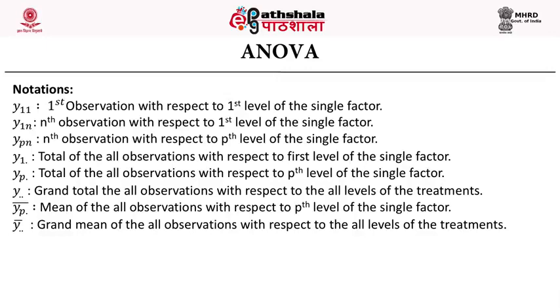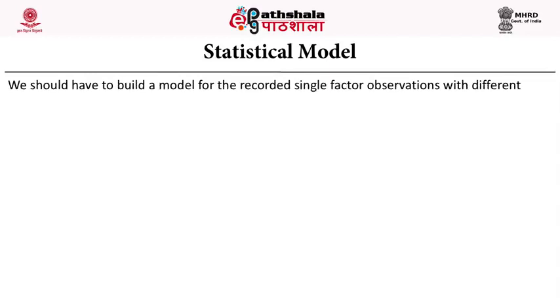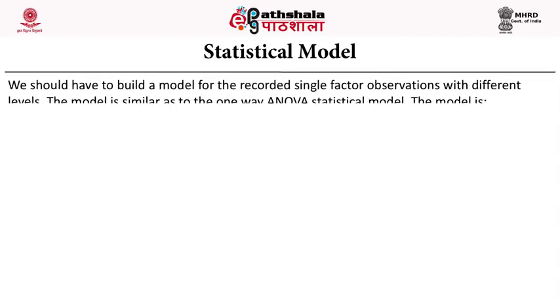Now, what is a statistical model? For that we have to understand what parameters are and what the error term is. We should build a model for the recorded single factor observations with different levels.